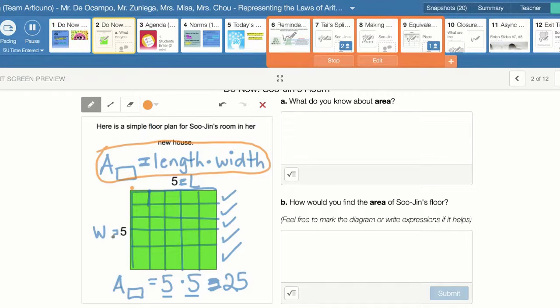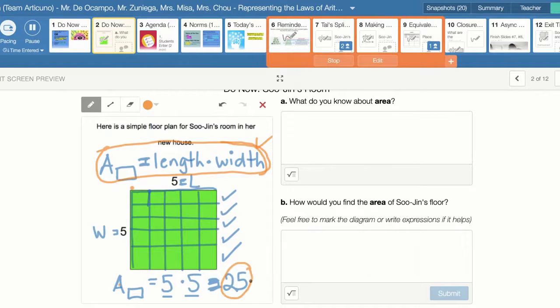And that's why I put width equals 5. Now, if we use this formula right here, length times width, then the area of this green square is 5 times 5. 5 times 5 is 25.